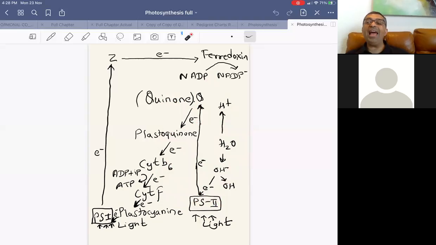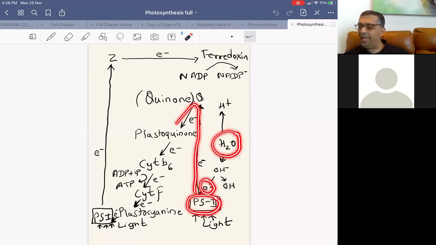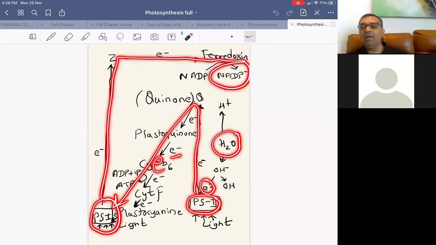So where has the flow of electrons been? Nice logic. Electron has gone from water to PS2, from PS2 electron has gone to PS1, and from PS1 the electron has gone to NADP.